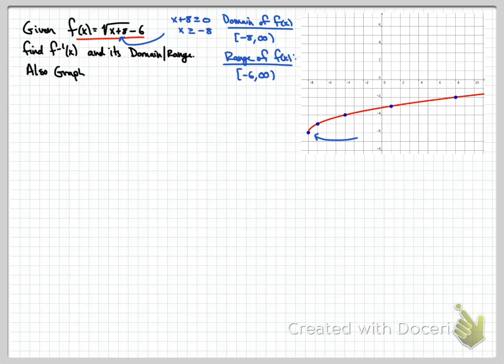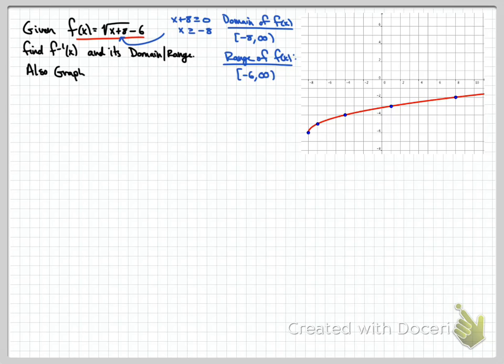This right here is where our function seems to terminate, and it has a y value, or an output value, of negative 6, and it can only get higher. As we go on and on, this function just continues to grow slowly, but it goes forever and ever. All right. So we've got our domain of our original, we've got our range of our original, we even have some ordered pairs on our original that I'd love to highlight.